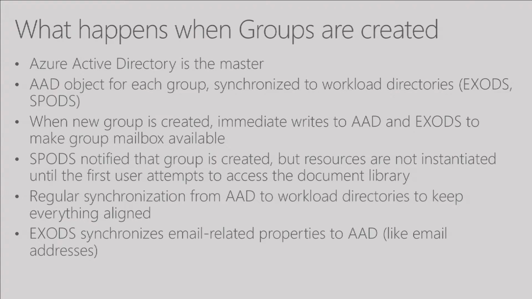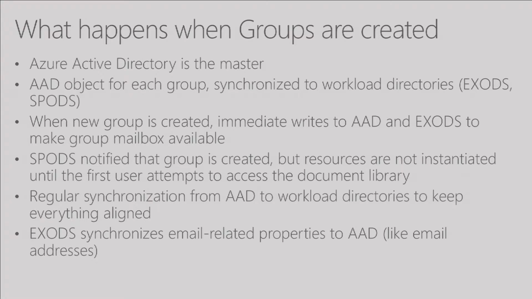So the first thing that happens is that AAD broadcasts out to Exchange Online and says, hey, Exchange, we need a new group mailbox. And the reason why the group mailbox is created first is to allow conversations to start happening. At the same time, SharePoint is also notified because SharePoint is going to have to create a document library, it's going to have to create a notebook, et cetera, et cetera.